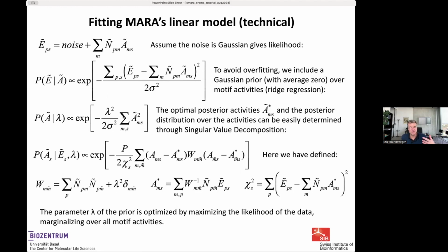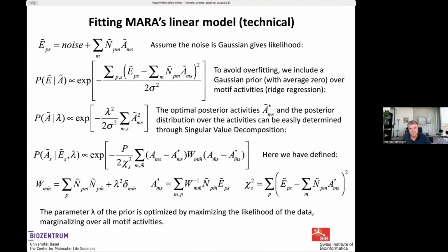And then basically this model can be solved analytically using singular value decomposition. So there is this matrix W, which is essentially the covariance matrix of the site count across pairs of motifs. There is this extra term coming from the prior, and then basically the optimal motif activities are essentially just given by the inverse of this matrix.